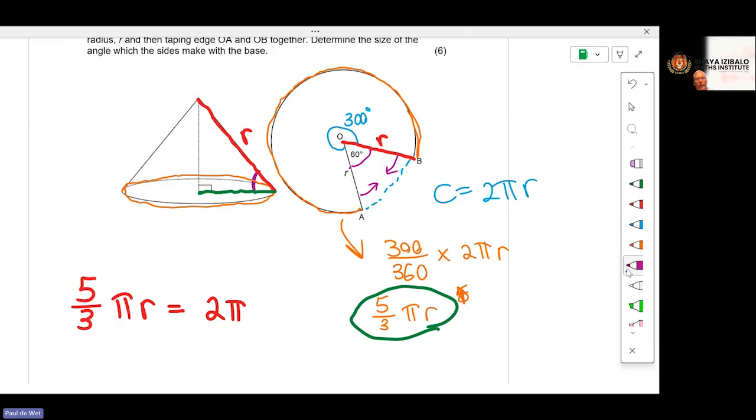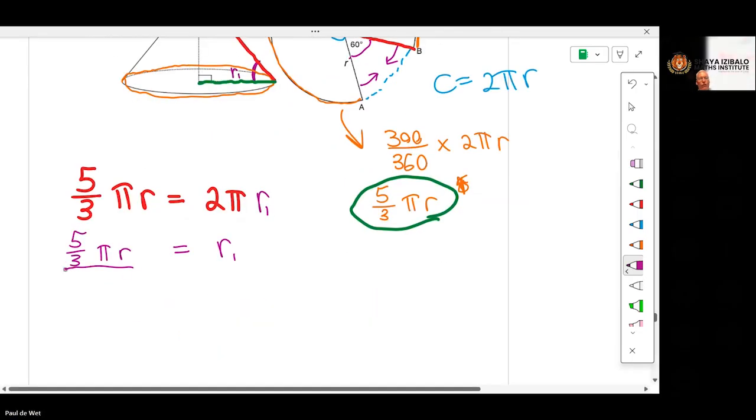The r that I'm now talking about, I'm going to call r1. That's this radius. It's a different radius. So can I work out r1? Yes. If I divide both sides by 2 pi, I get 5 over 3 pi r over 2 pi.